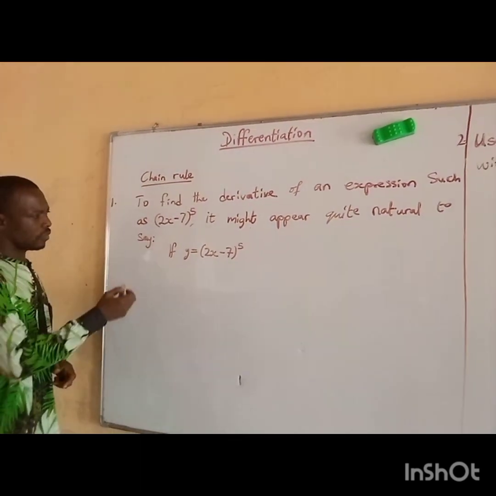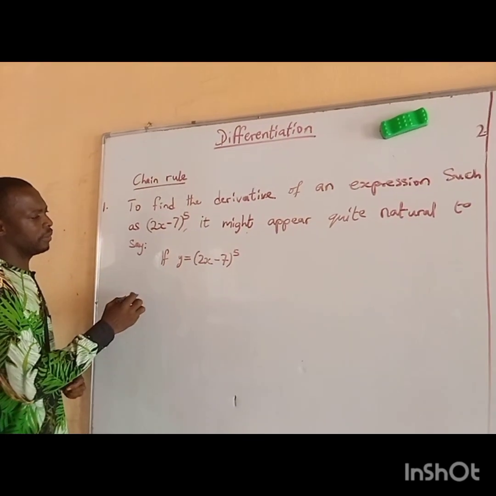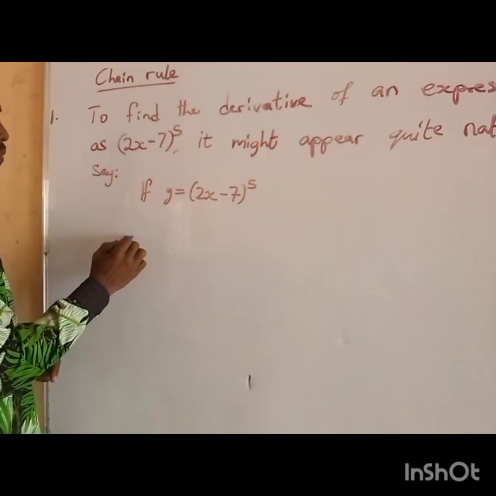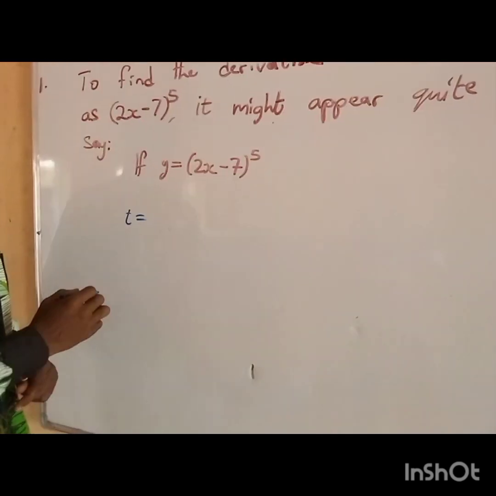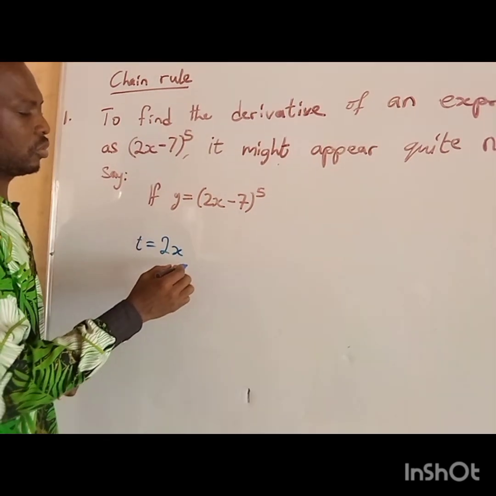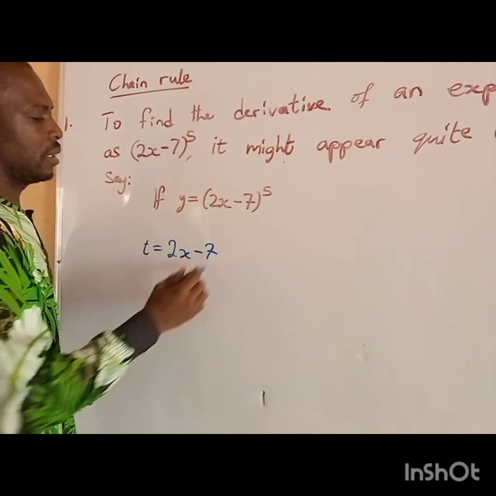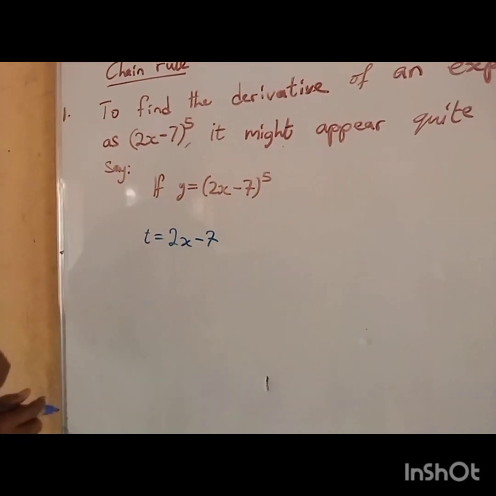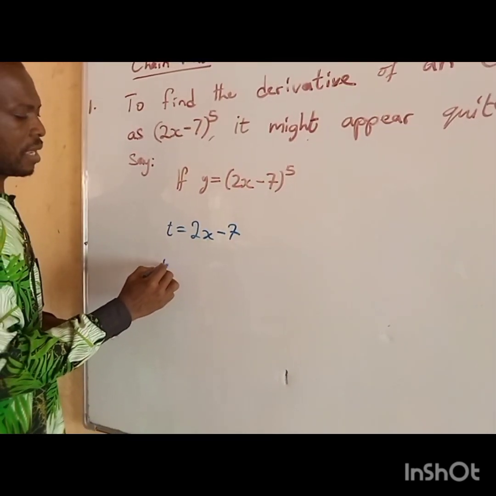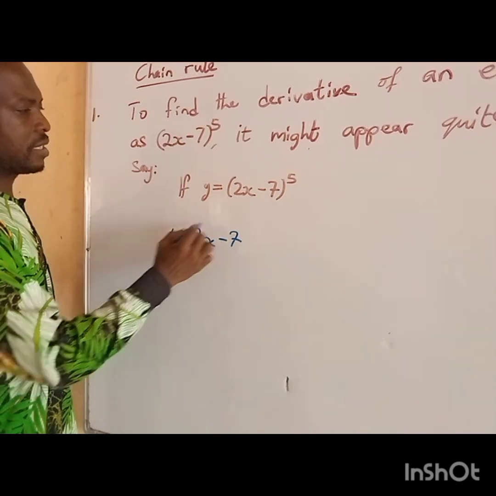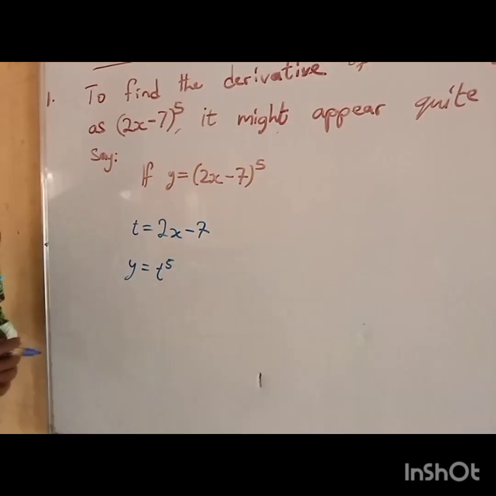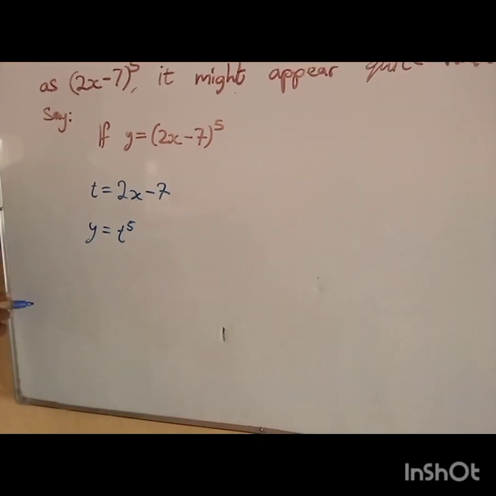Now, to solve this problem, what we have in the bracket here can be represented as t. So say t is equal to 2x - 7. If this is true, we can then say that y is equal to t, which represents this, and then we'll have t raised to the power 5.